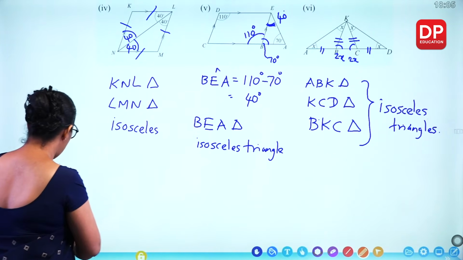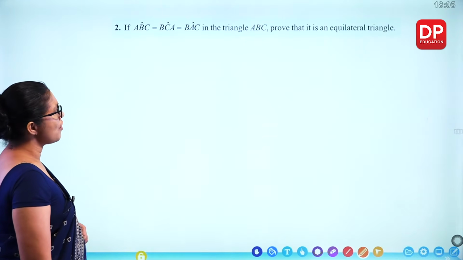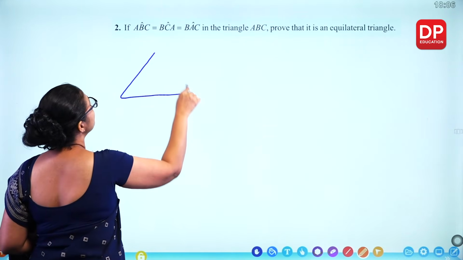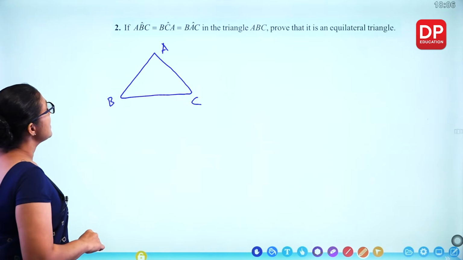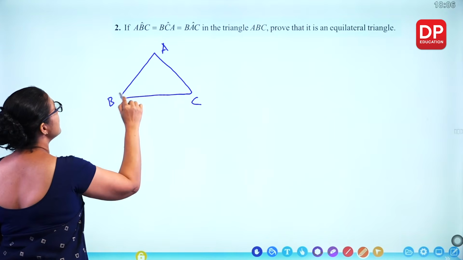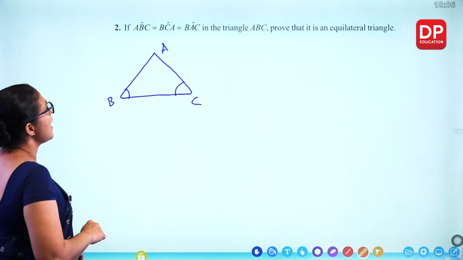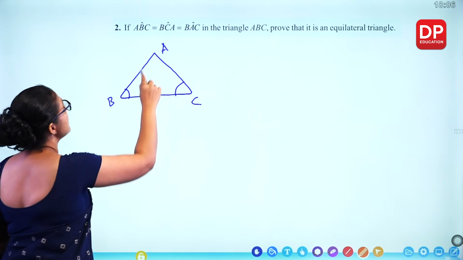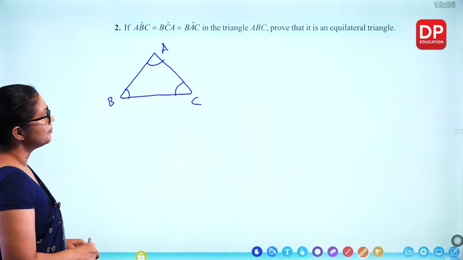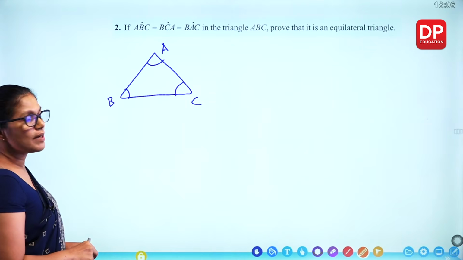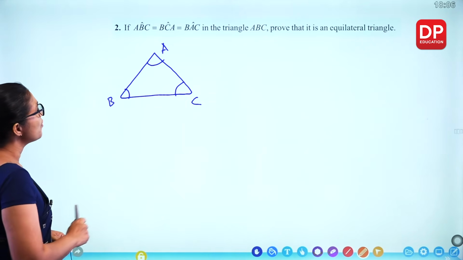Now we'll look at question number 2. You are given a triangle ABC. It says angle ABC, angle BCA, and angle BAC are all equal, and prove that this is an equilateral triangle. So how can we prove that?